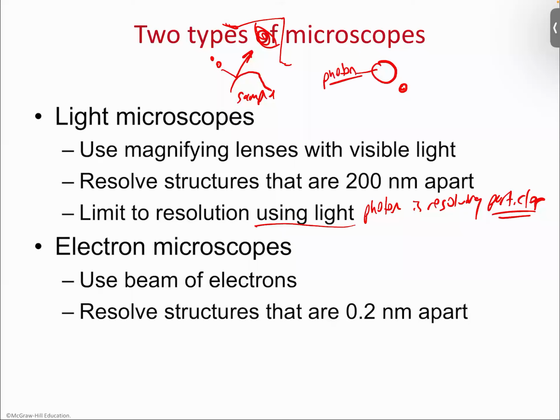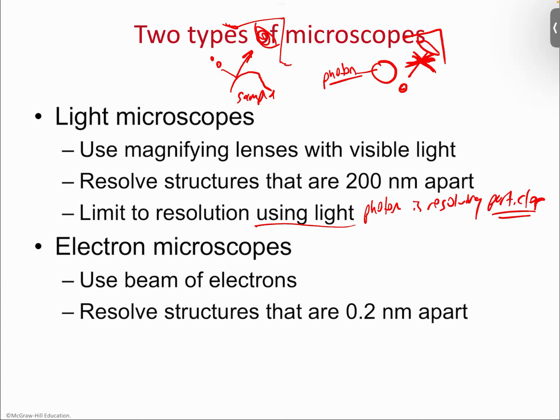Am I going to be able to see that? That's not going to happen. Why? Because the photon will just envelop your sample and it doesn't have anything to bounce off of. And so that's the limitation of the photon of light.